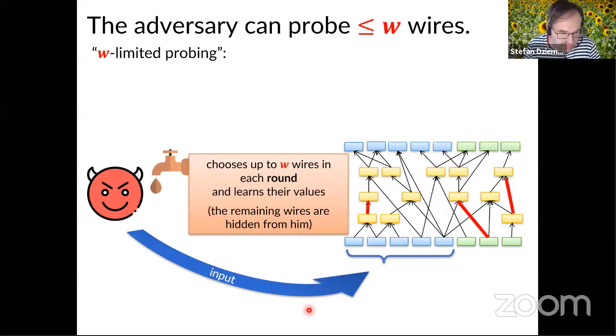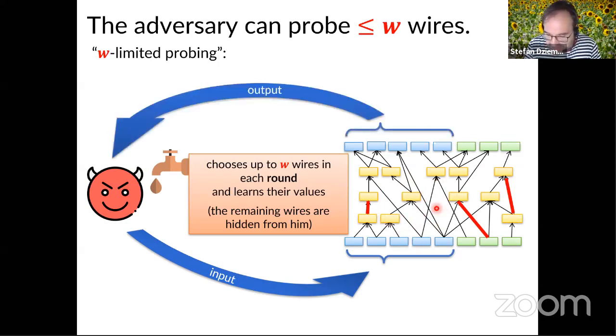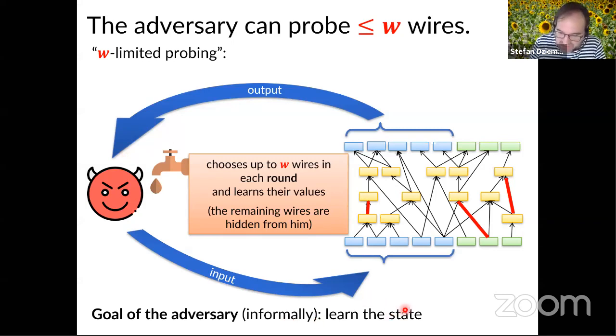The remaining wires remain hidden from him. And then the computation happens. He learns the values of these wires, and then he gets the output. Okay? And he can play like this with the device. Informally speaking, the goal of the adversary is to learn the state, but of course, formally it's formalized in a different way. But you can think of it also like this for the purpose of an informal definition. I hope it's clear.